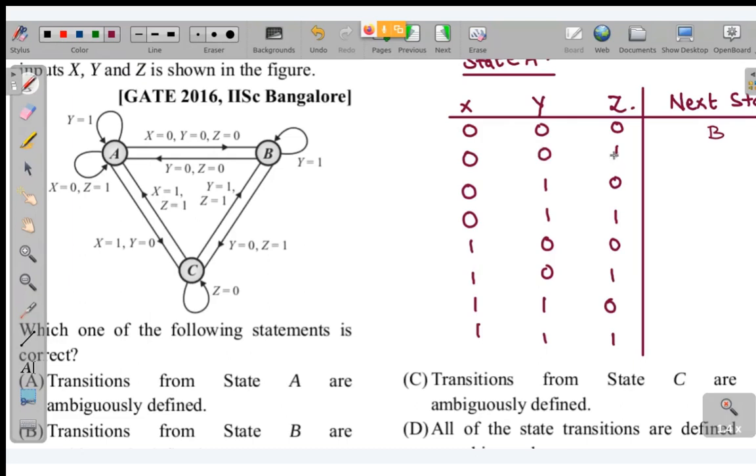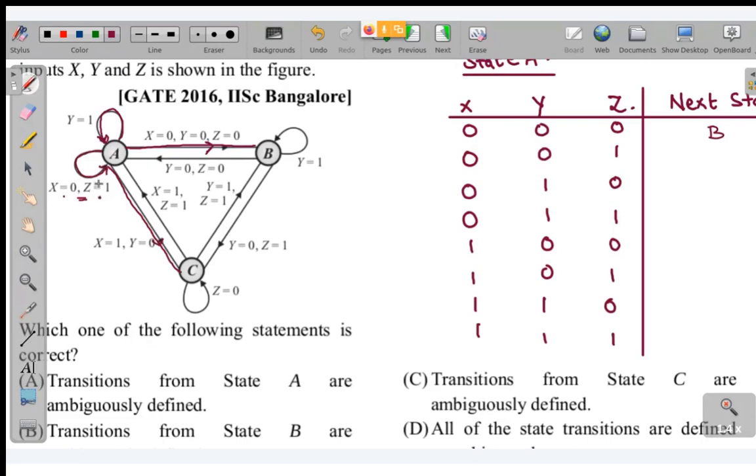X0, and there is nothing specified about Y over here. And Z1, any other place you can see. So this is one transition from A to B. This is a transition from A to A. And this is a transition from A to C. And there is one more transition from A to A, that is when X is 0, Z is 1.